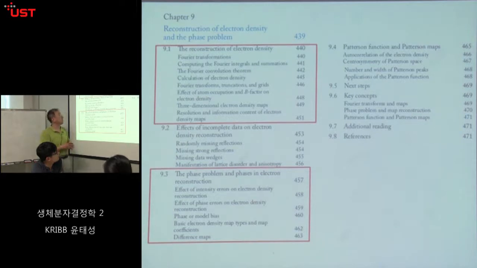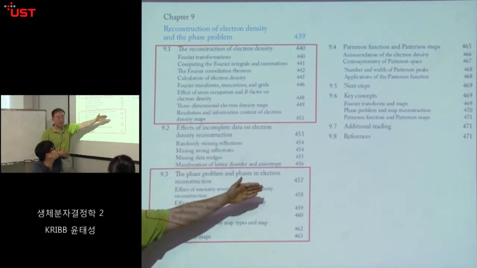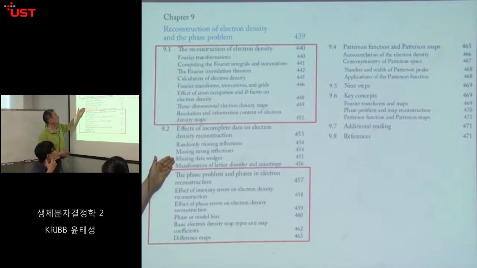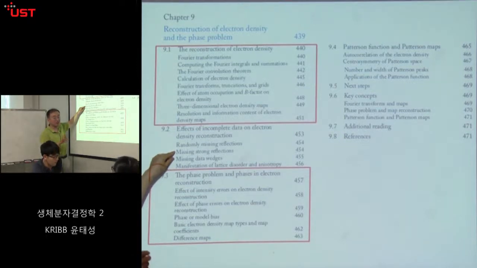Without having an equivalent amount of data, we will face incomplete data on one side, and that will result in some errors. But we have two different kinds of missing: randomly missing, or missing some special part. A strong intensity spot can be lost when we encounter a detector dynamic range problem, as you had at Pohang synchrotron.